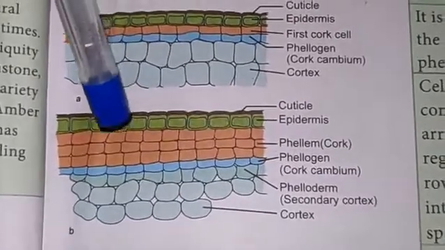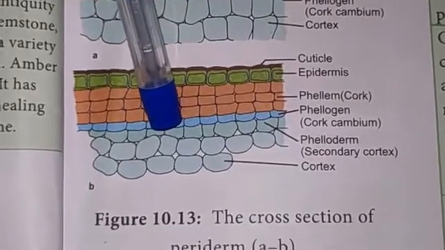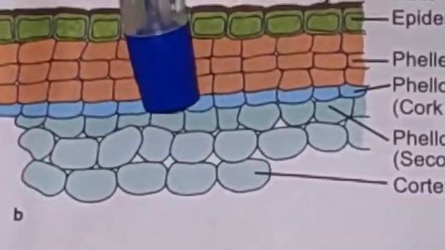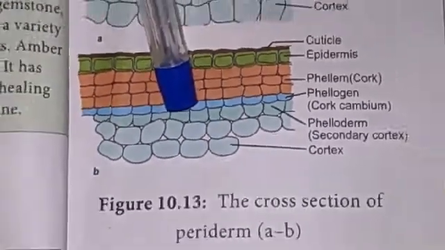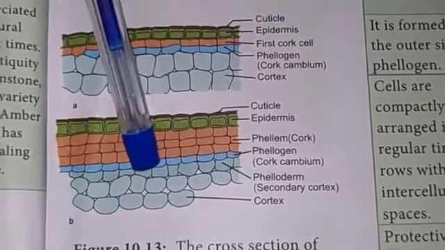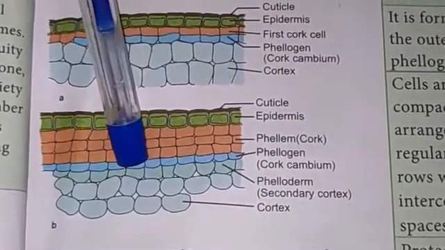The third layer of the periderm is the phelloderm. The phelloderm is also called the secondary cortex. It is a tissue resembling cortical living cells, that is, a tissue that looks like cortical cells. This cortical parenchyma is produced centripetally.